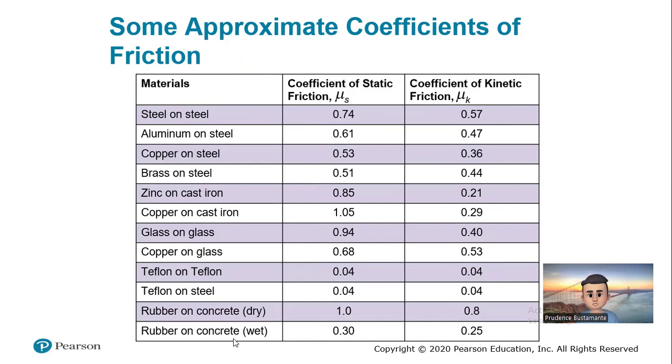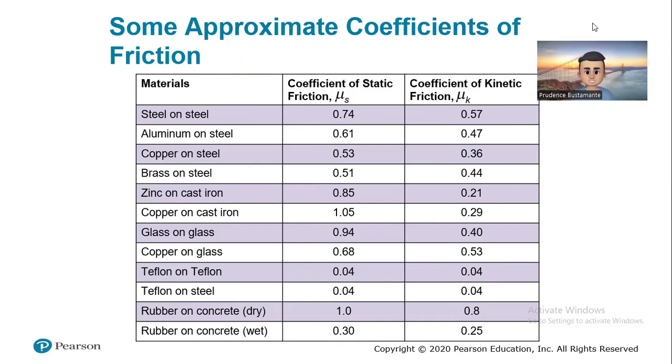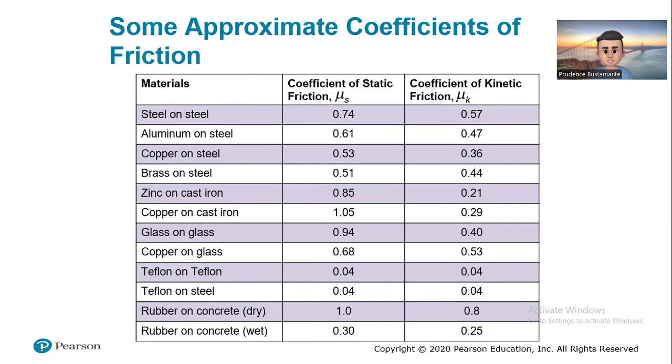But if wet, if you look at this one, it's almost 0.30. Okay, so you should be careful in driving on wet surfaces, or in rainy season, you need to be careful when riding.